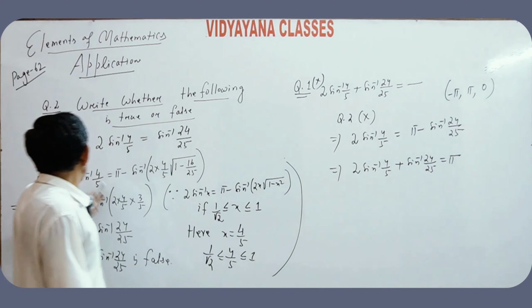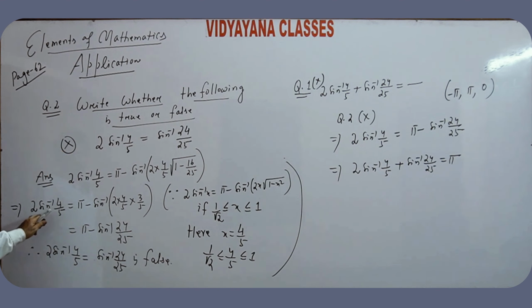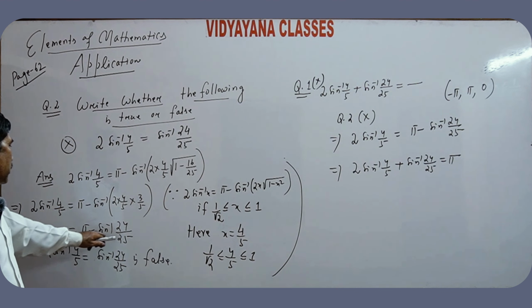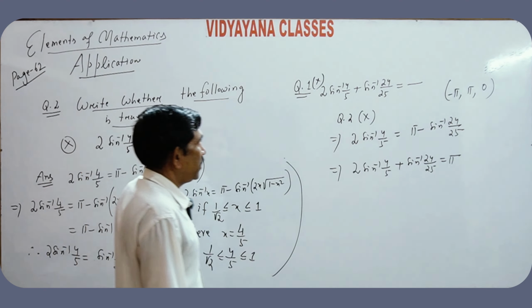Clear? In question number 2, we have proved 2 sin inverse 4 by 5 is equal to pi minus sin inverse 24 by 25. So 2 sin inverse 4 by 5 plus sin inverse 24 by 25 is equal to pi.